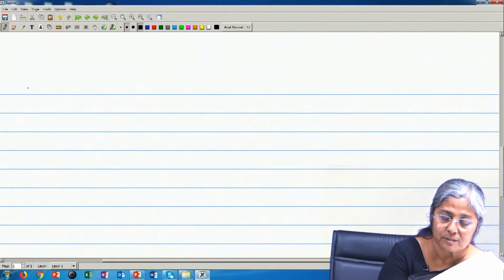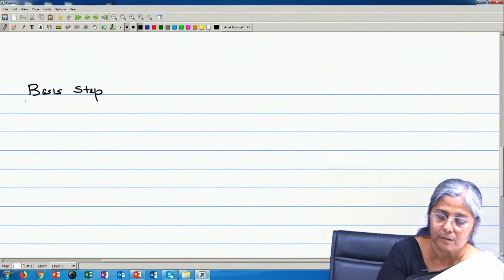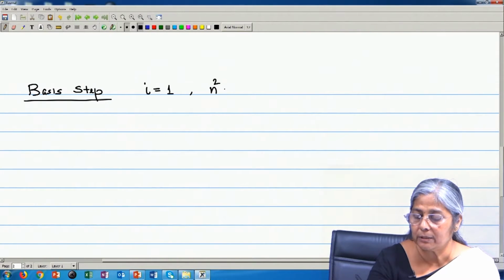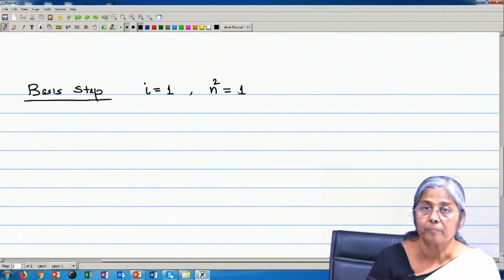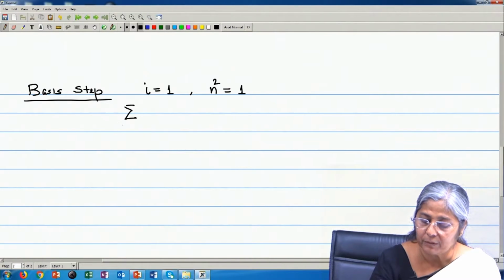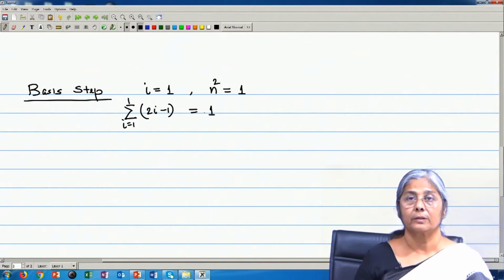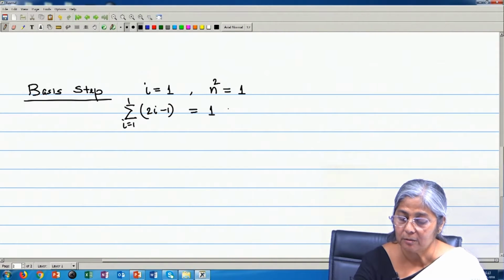One is the basis step. For n equal to 1, n square equals 1, and the sum for i equal to 1 to 1 of 2i minus 1 equals 1, which is equal to 1 square.